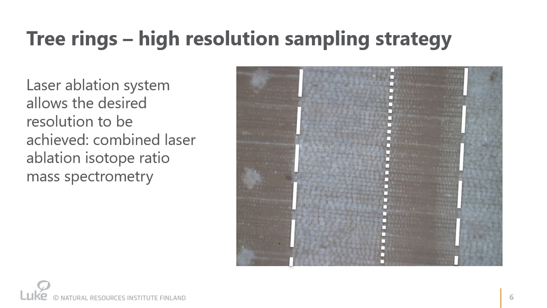But in some cases, we are also interested to see how the carbon delta 13C signal changes throughout the year in high resolution. And this high resolution can be achieved by using laser ablation as the sampling and combining this laser ablation to isotope ratio mass spectrometry.